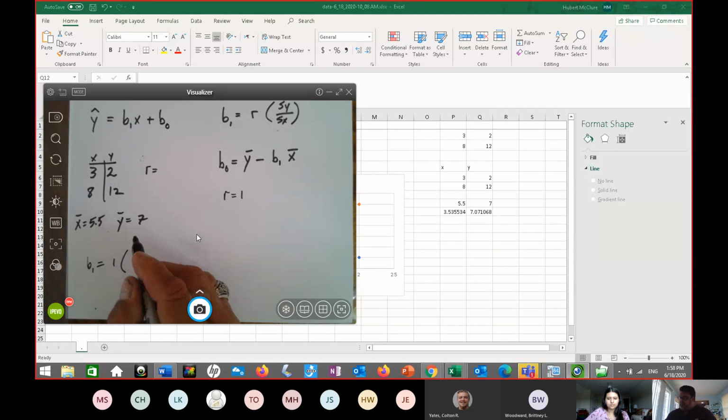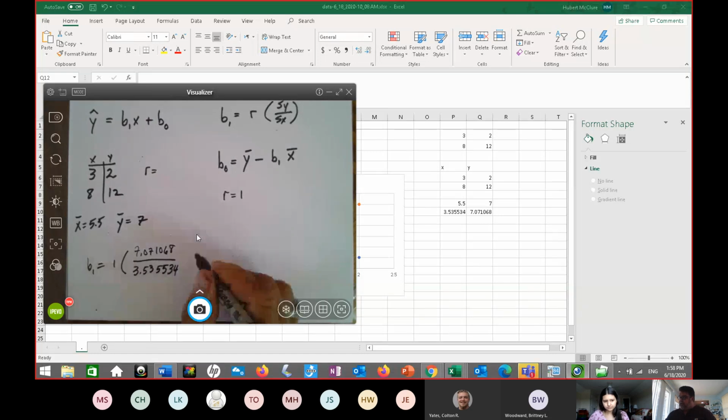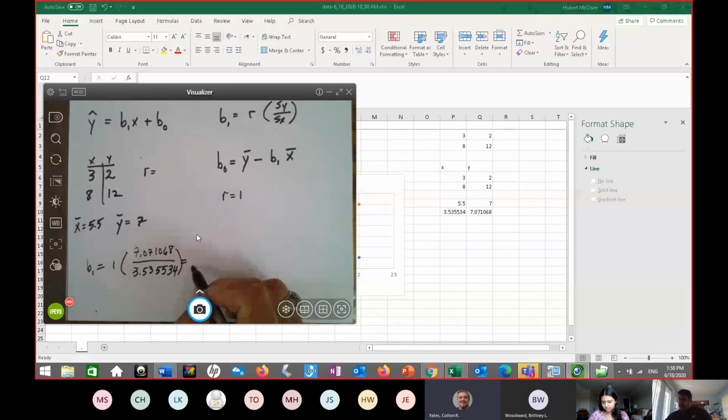Somebody punch that in right quick. 7.071068 divided by 3.5354. And somebody give me 4 digits. What do you get? I got 2 even, actually. Is it 2? Yeah, that's what I get. And that's B sub 1, so that's the slope of the line.